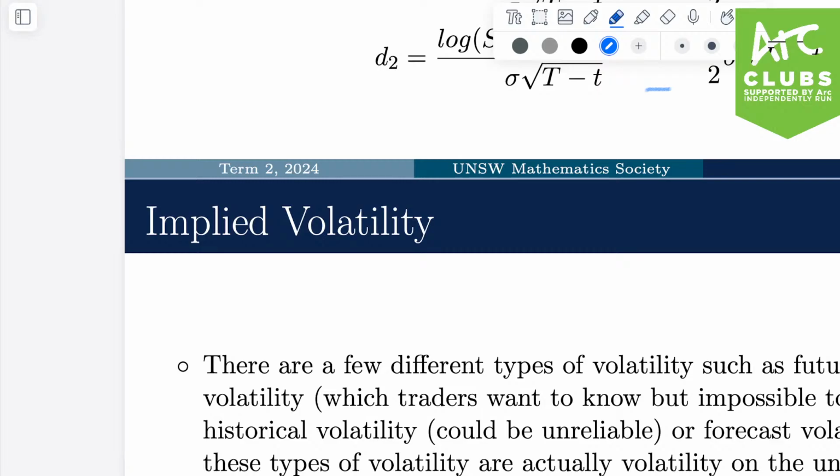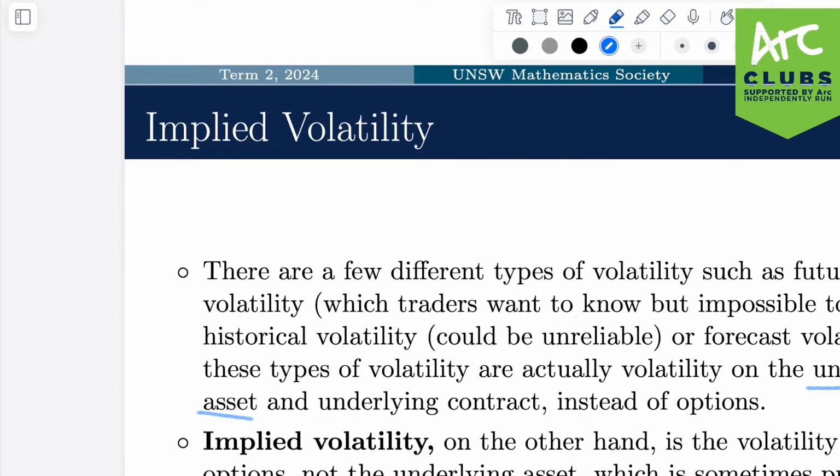Because then as a trader, you are not at a disadvantage: if the implied volatility gives you the market price of a call option, then at least you are not losing money compared to other traders. That is why we define f. f is a function that we define in MATLAB to be the call option price minus the market value of the call option. The market value is already given because it's just what is on the market. And we solve that to find our implied volatility sigma star.